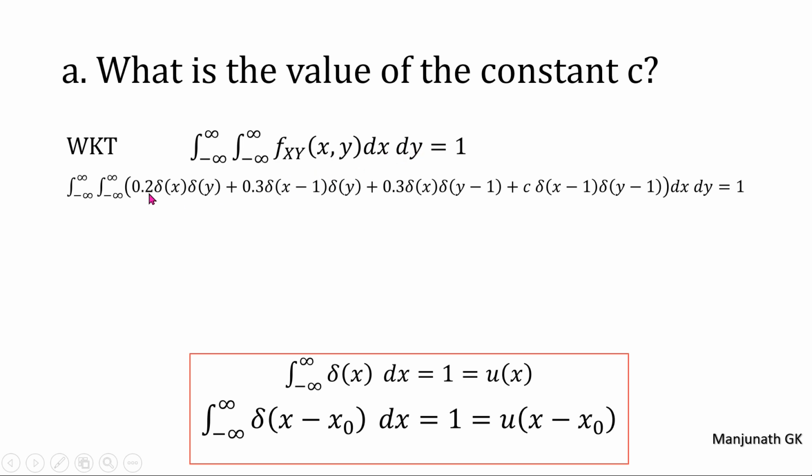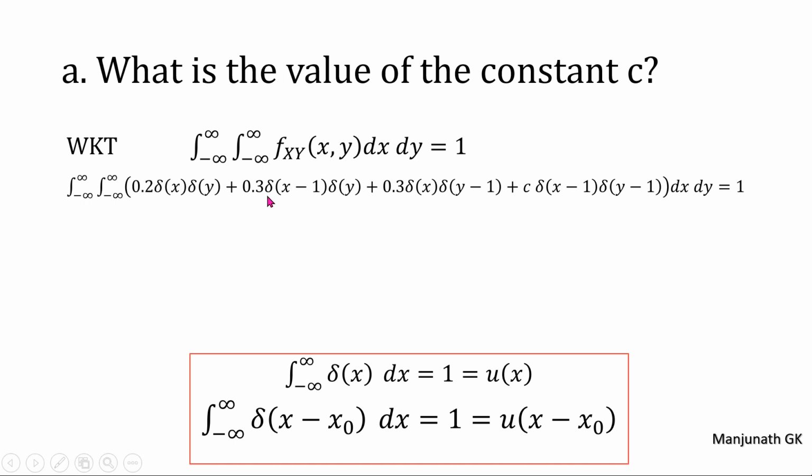From the first term, 0.2 is a constant, so take it outside. Integration of delta of x dx can be replaced by u of x, that is nothing but 1. Integration of delta of y dy can be replaced by u of y, which is also 1. From the first term, only 0.2 is remaining.